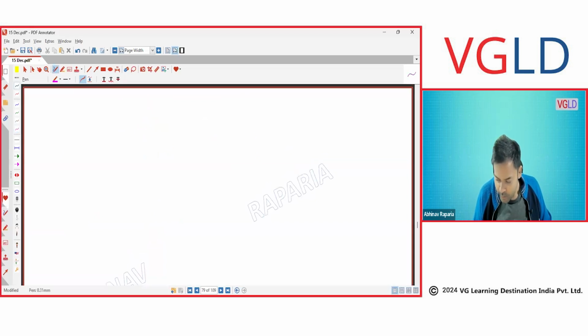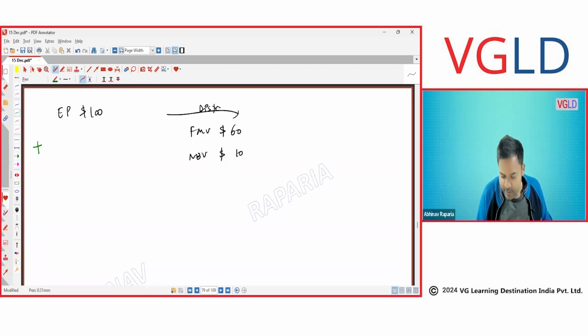So everyone, if I tell you that my earnings and profit is 100, and you are making the distribution for which fair market value is, let's say, 60, and net book value is 10, how much gain should I recognize here, guys? Gain is 50. Point clear, guys. I'll recognize 50. So this is coming 150.